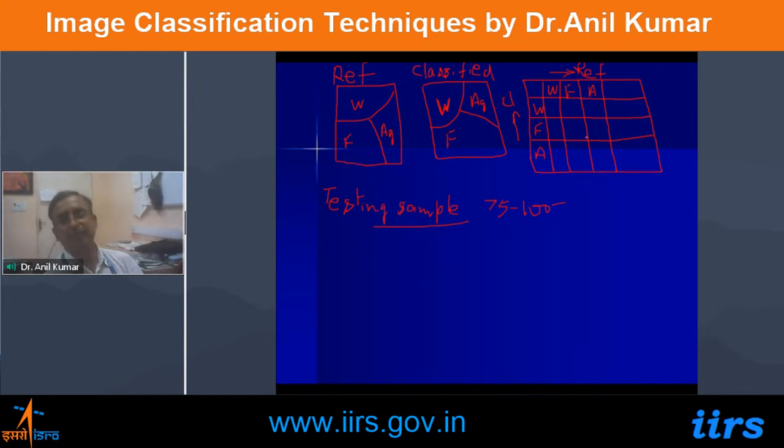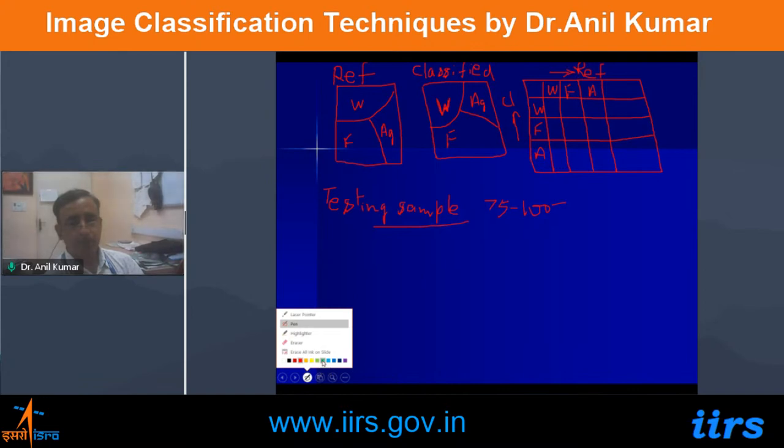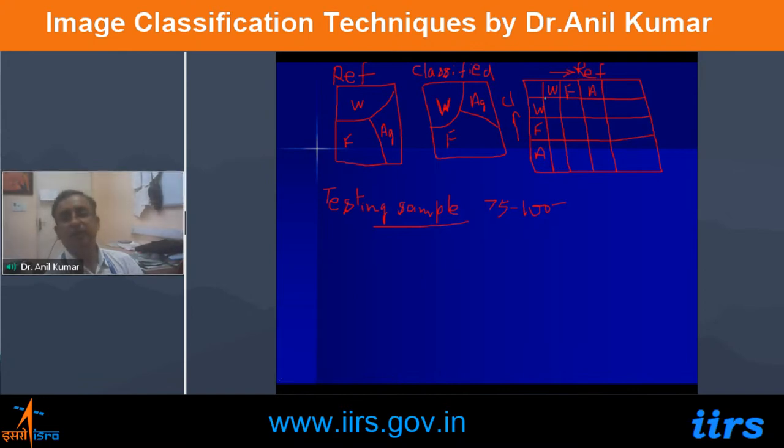So how will this error matrix be filled? Here you can see the matrix is this one, 3 by 3, the green boundary one. We have to fill this matrix with values using the samples.